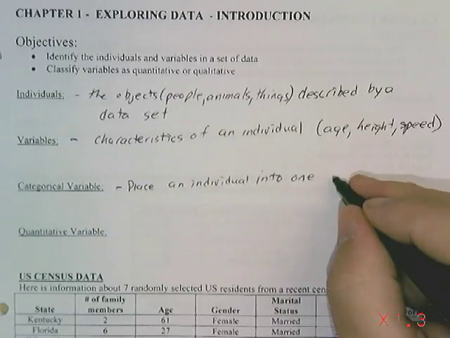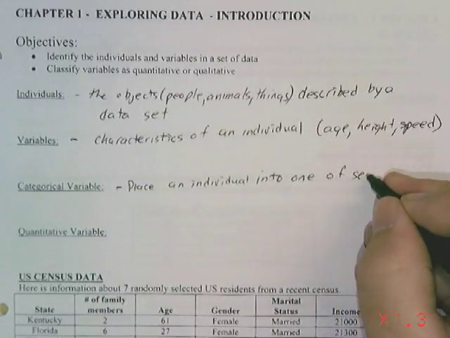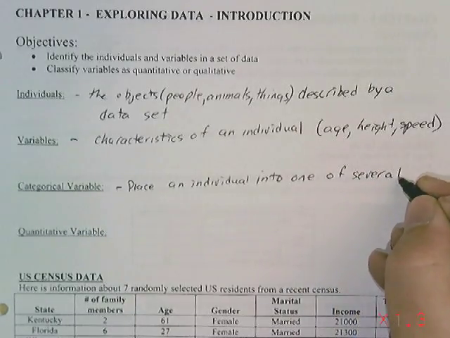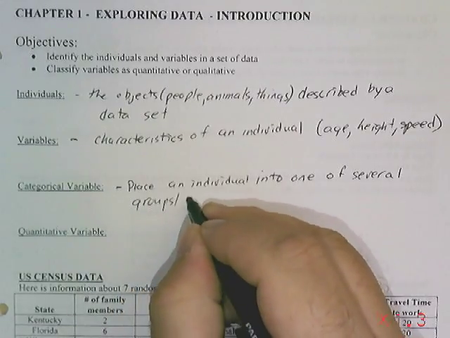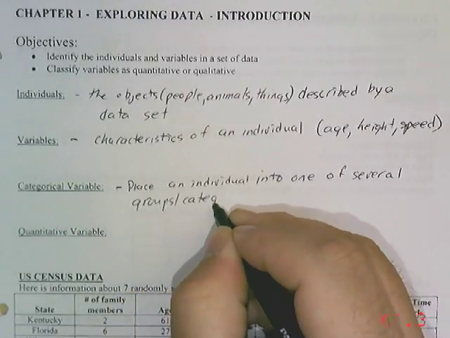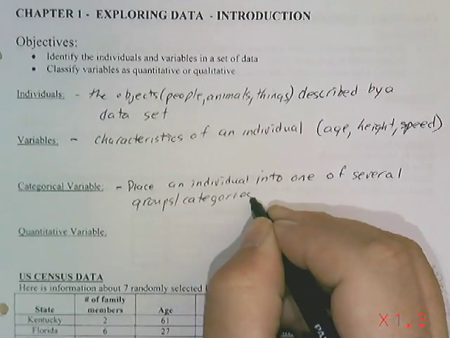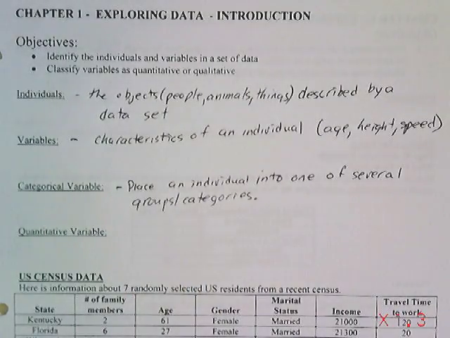Quantitative variables, they take numerical values for which it makes sense to take an average.